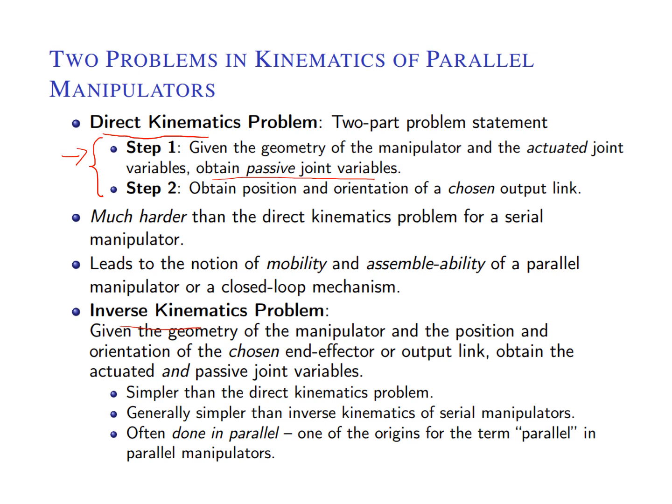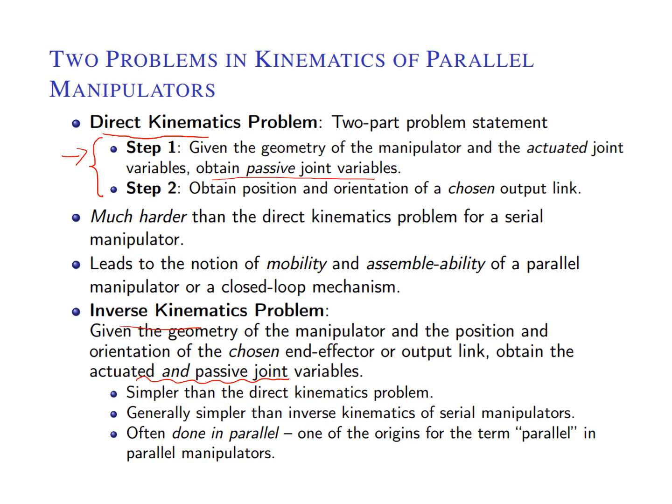In the inverse kinematics problem, you will be given the manipulator geometry and the position and orientation of the end effector or the output link, and you need to determine the actuated and passive joint variables.